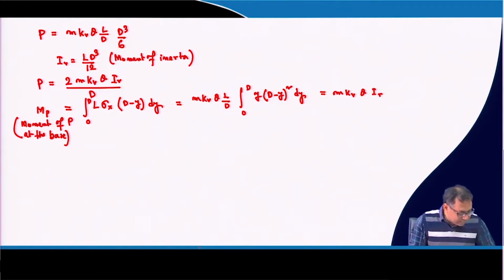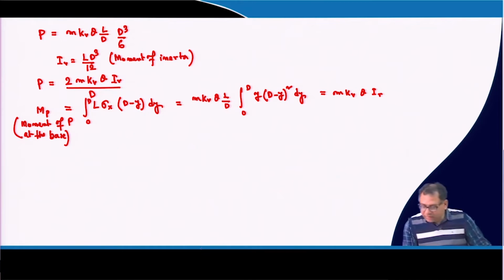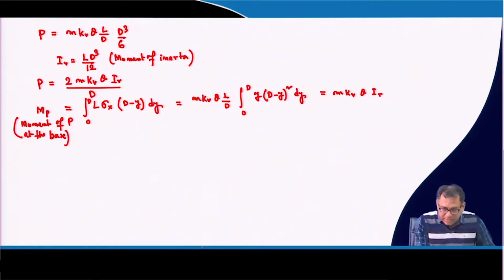This is your I r, or I can write this as I v also, because later on I have to use one I r. You can put I r or you can put I v. So, I am putting I v.